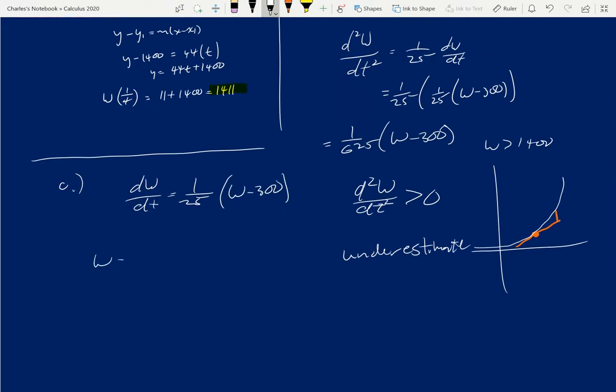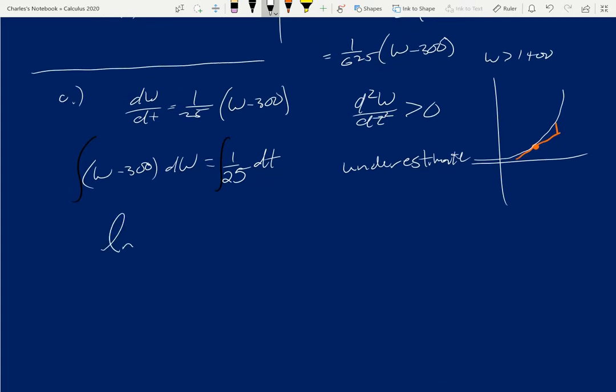I get 1 over W minus 300 dW is equal to 1 over 25 dt.